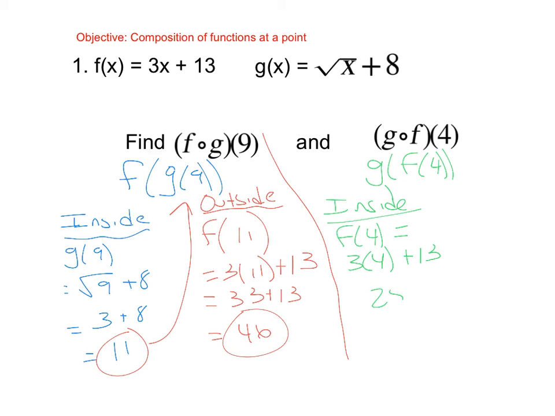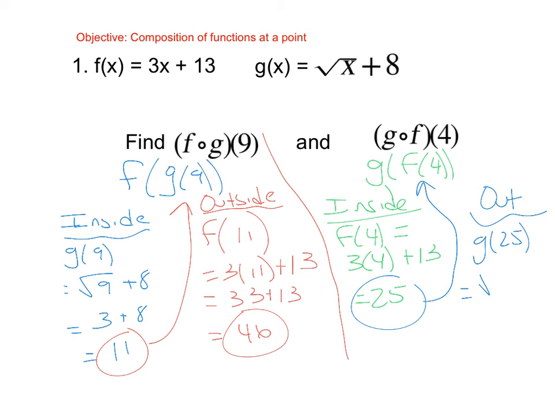So that's 25. And I'm going to take that and I'm replacing F of 4 with that. And then I'm going to do my outside and I'm going to find G of 25. G of 25 is the square root of 25 plus 8, which is 13.